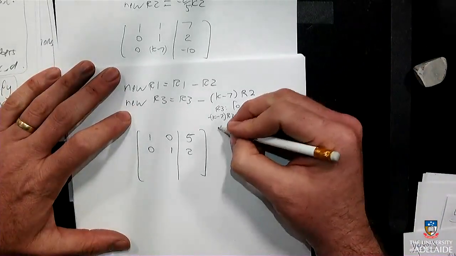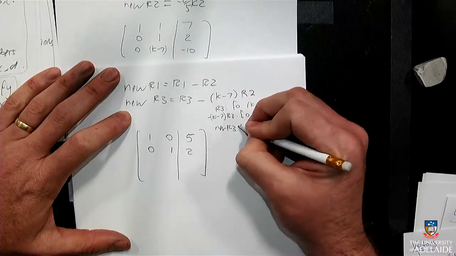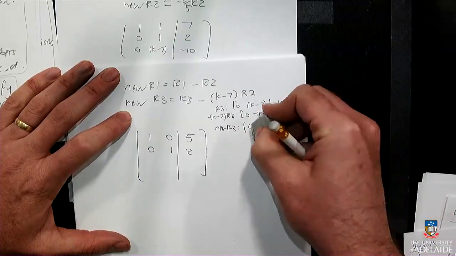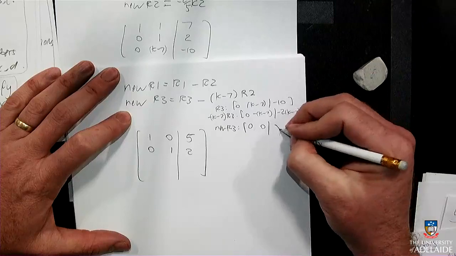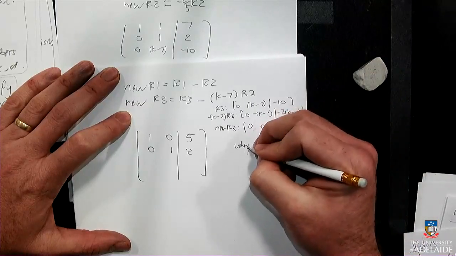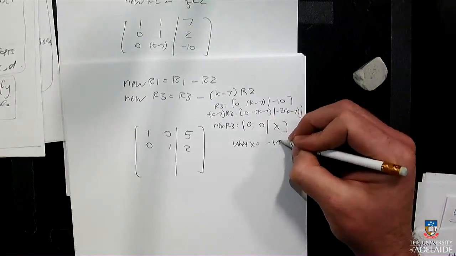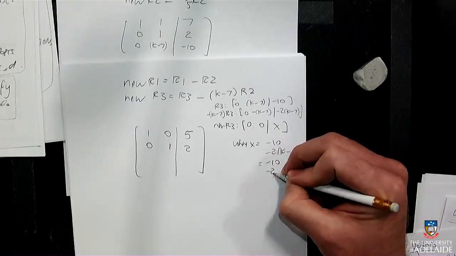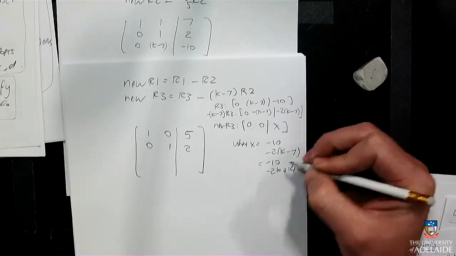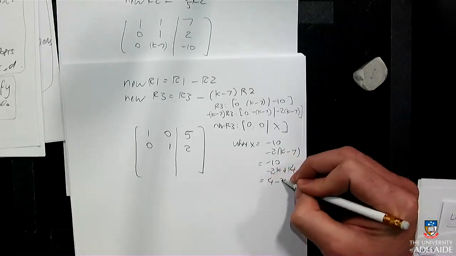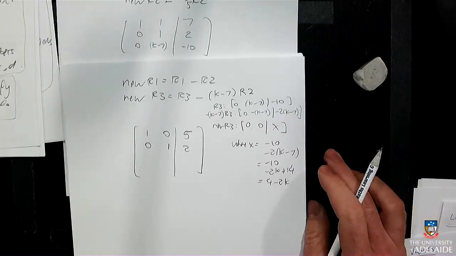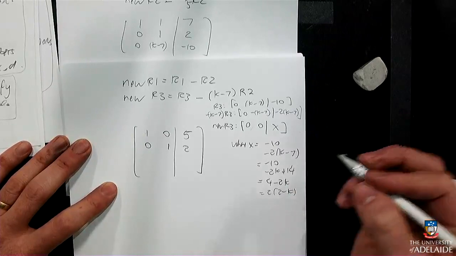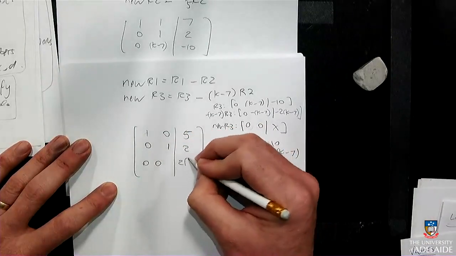So my new row 3 is 0, 0, and whatever this works out to be: minus 10 minus 2 times k minus 7, which is minus 10 minus 2k plus 14, which is 4 minus 2k. Which I've noticed is 2 times 2 minus k. So we've got 0, 0, 2 times 2 minus k.